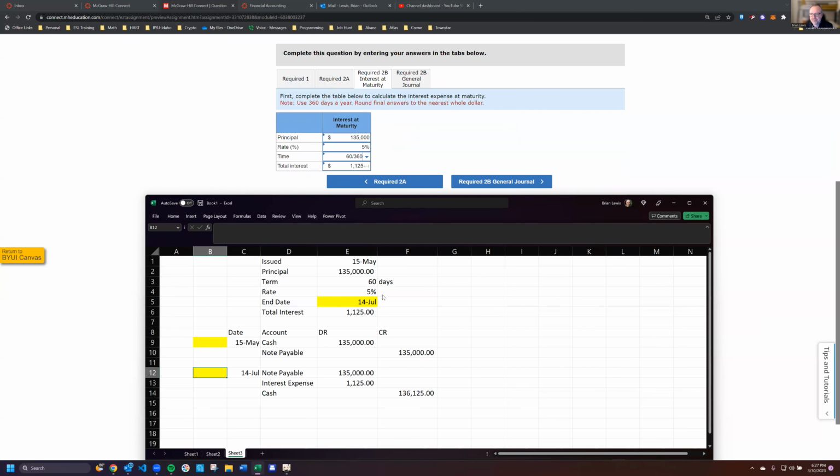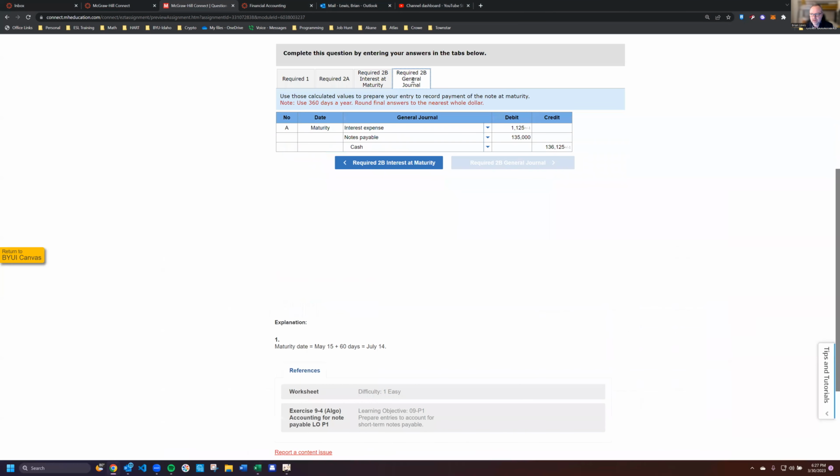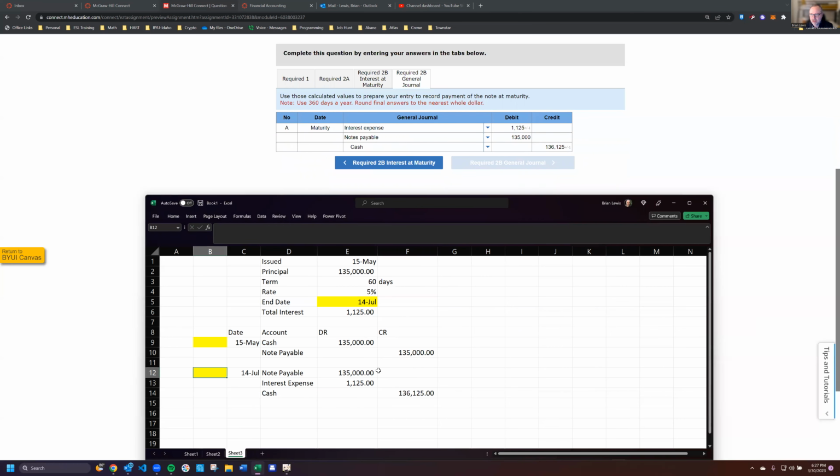And then the journal entry is exactly the same, just in a little bit different order. 135,000 for the note payable, 1,125 for interest expense, and 136,125 for cash. Pardon me for the yawn. Okay. That should be it for that one.